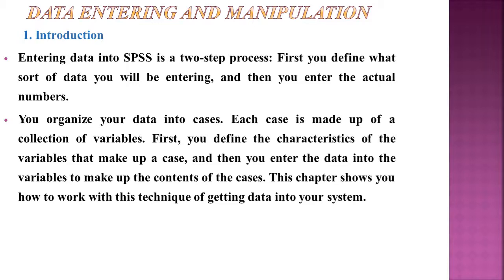Interval data or scale. It is a numeric scale in which we know both the order and the exact difference between the values. For example, Fahrenheit or Celsius temperature, because the difference between each value is the same.